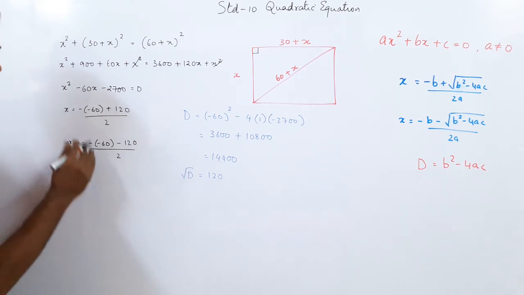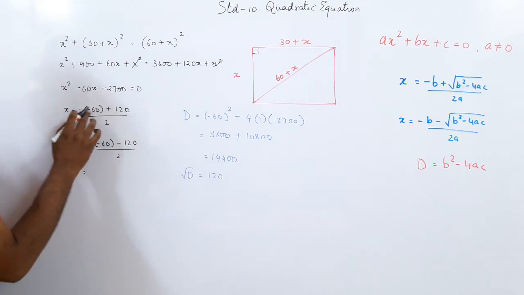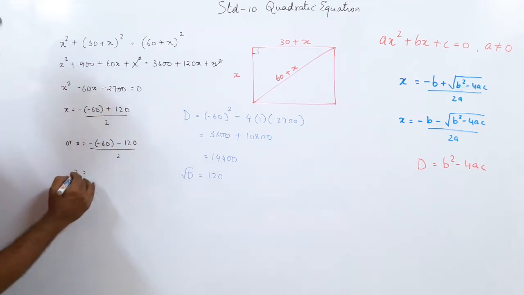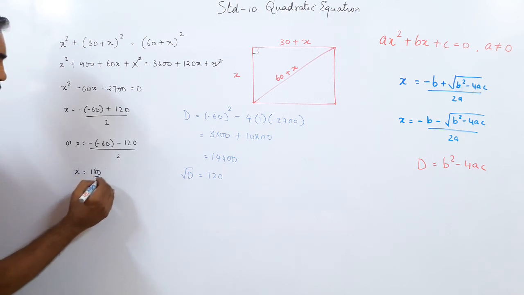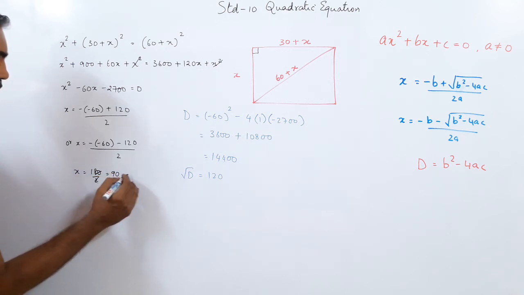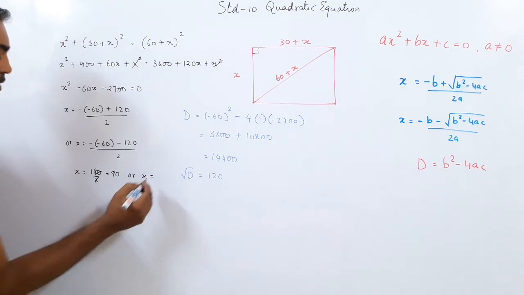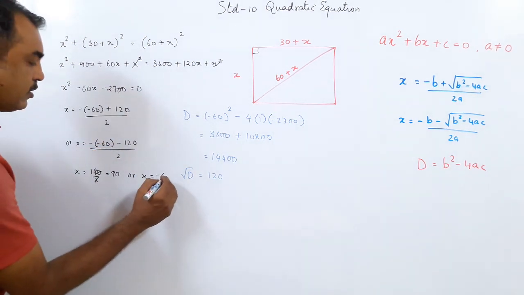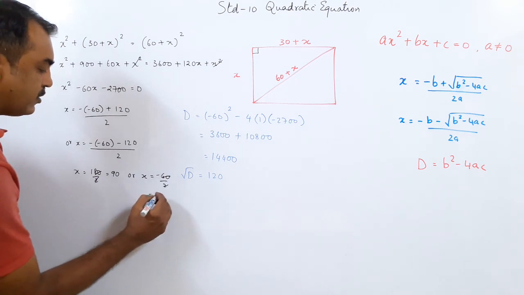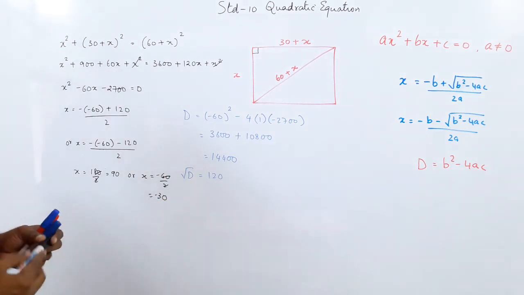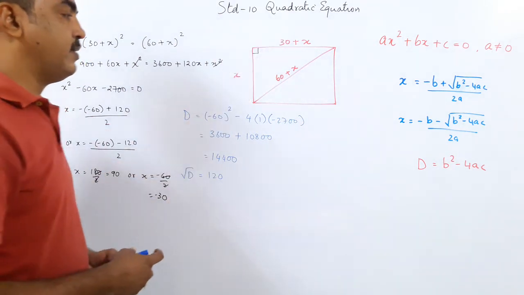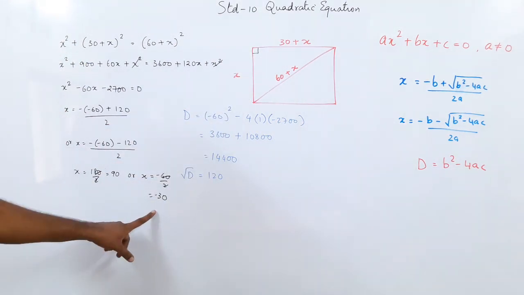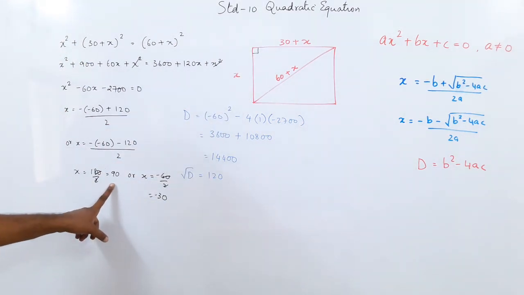So here we have 60 plus 120, that is x equal to 180 upon 2 equal to 90, or x equal to 60 minus 120 upon 2, that is minus 30. Since it is the length of a rectangle, it cannot be a negative number, so x equal to 90.